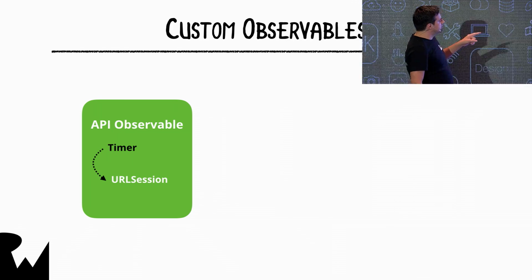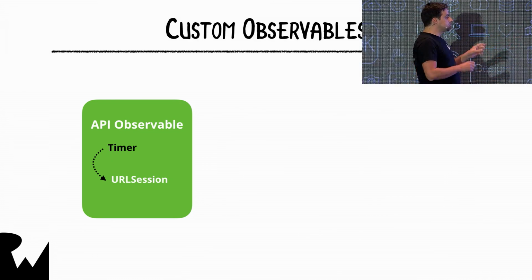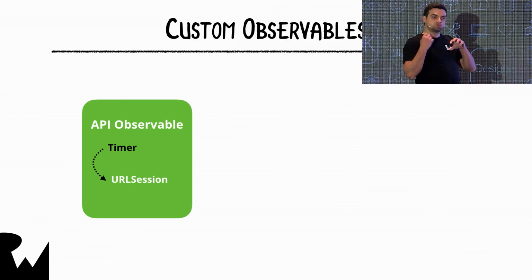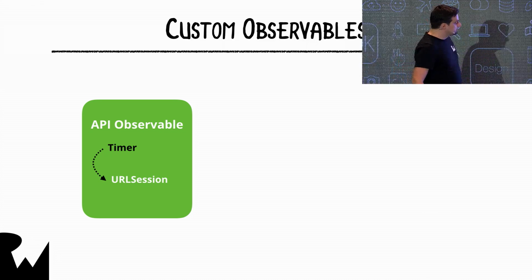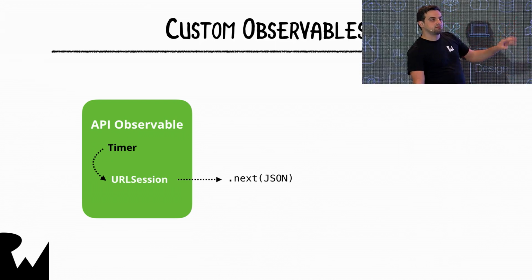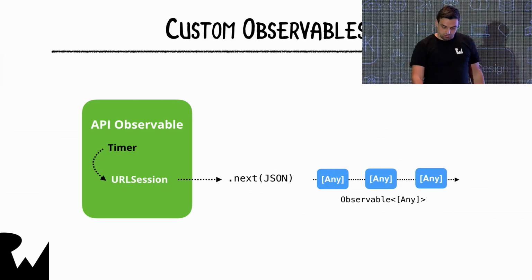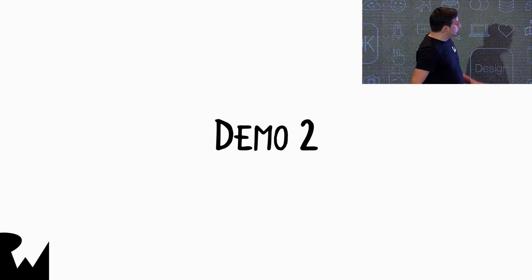We're going to look at a simple observable that uses a timer to make a network request, get some data back, and emit the response as a next event that other people can observe and react to. So we're going to have this class that has the timer, then repeatedly makes the network call, and whenever there's new data back, it emits a next event that people can subscribe to and update the UI and so forth. All right, and with that, we're going to work through Demo 2.